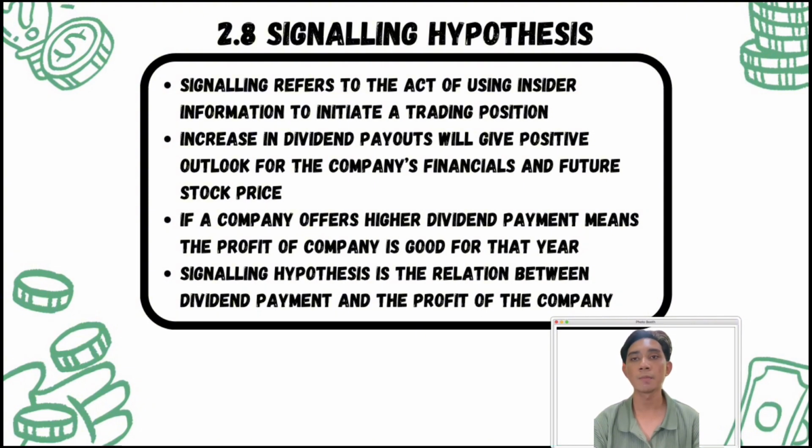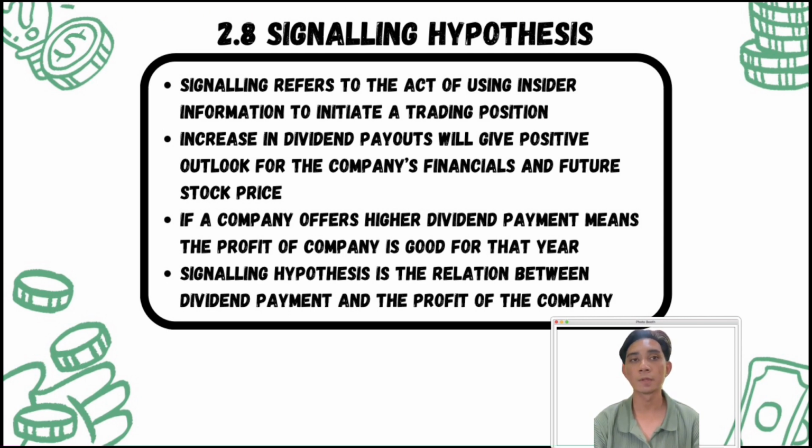Therefore, the company will announce its dividend payment, which means that the annual performance will have higher profit. A company that has a long history of steadily increasing dividends is signaling to the market that the management and the board of directors have a positive expectation about their future profit.